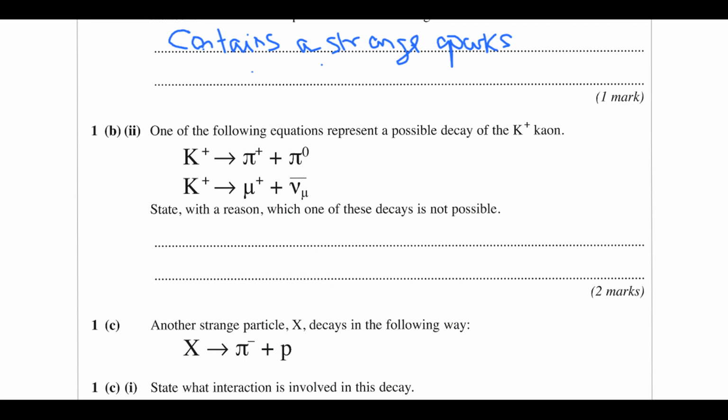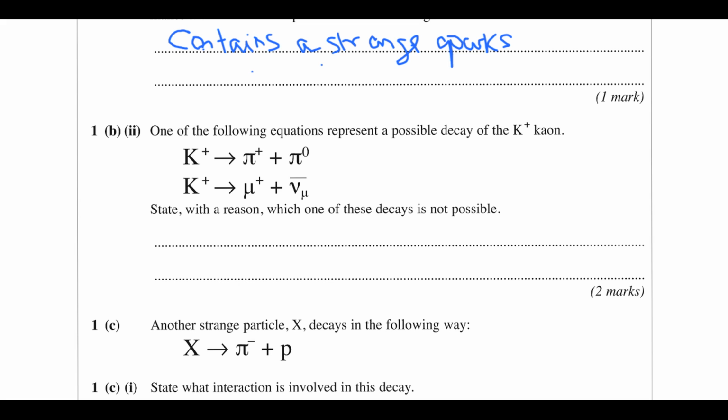One of the following equations represents a possible decay of a K plus particle. State which one of these decays is not possible. So let's have a look. With the first one, let's check charge. It goes +1 to +1, seems fine. Bottom one, charge +1 to +1, that's fine.